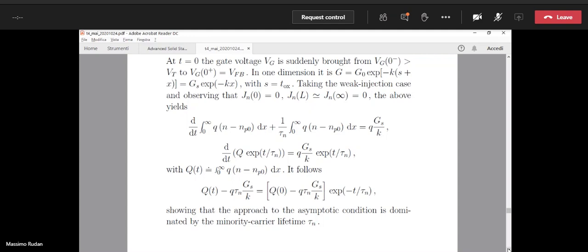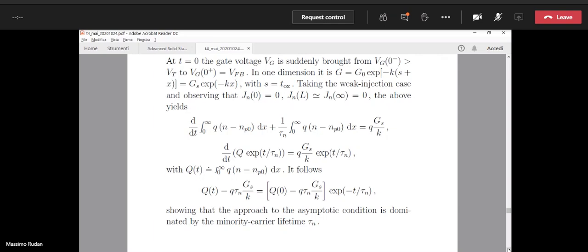Because we assume that this change with respect to time is slow with respect to the internal times of the device that are essentially the lifetime of the minority carriers tau n, okay? So we neglected the variation with respect to time of the illumination, okay?